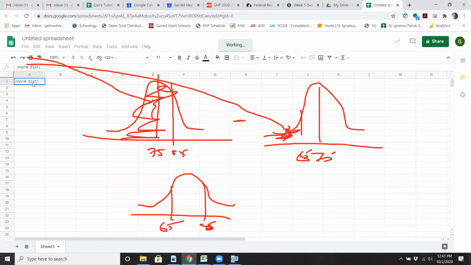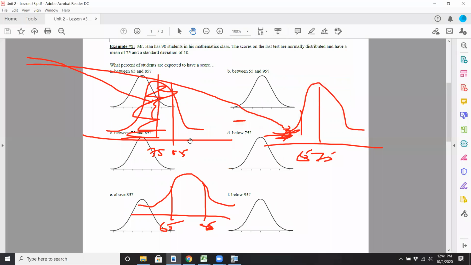I'm keeping my fingers crossed this works. 85, comma 75, comma 10, comma true. Yeah, it worked. So it's the same exact thing you would do in Excel. And that's free, right? We all have access to Google Spreadsheets. And then, of course, you do the next one, but put in 65, and then take the difference. So that's how we can approach some of these other problems here.